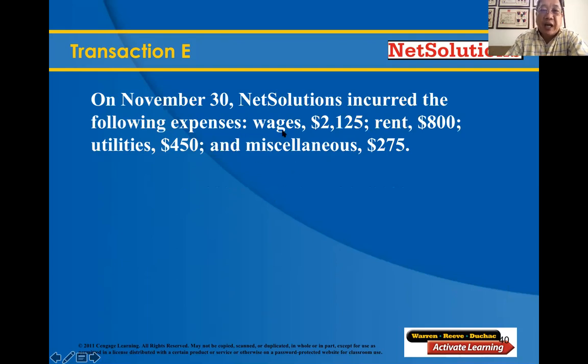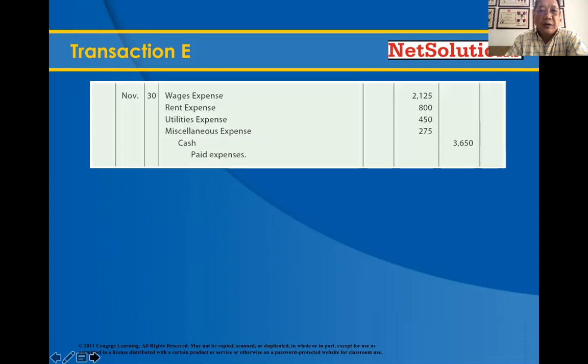Uy, nagastusan siya. Ang dami, di ba? Nagsweldo. Katapusan na kasi. Nagbayad ng rent, nagbayad ng utilities, kuryente siguro yan, miscellaneous 275. Anong entry? Debit wages expense, debit rent expense, debit utilities expense, debit miscellaneous expense, and credit cash, 3,650.